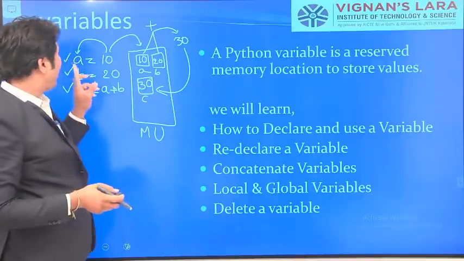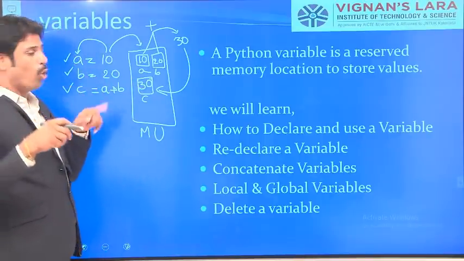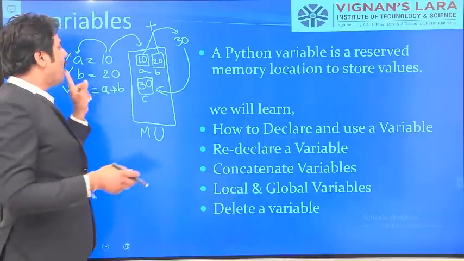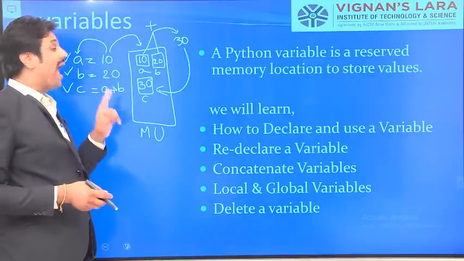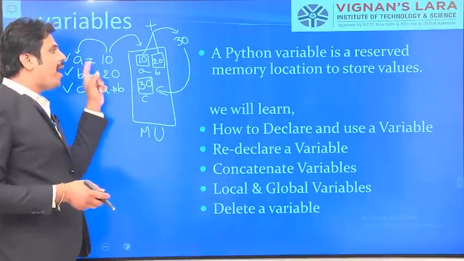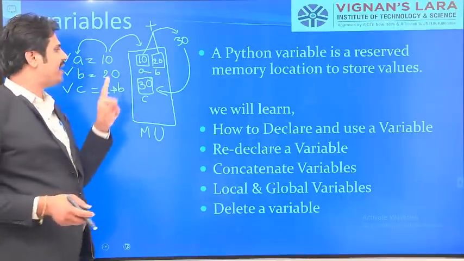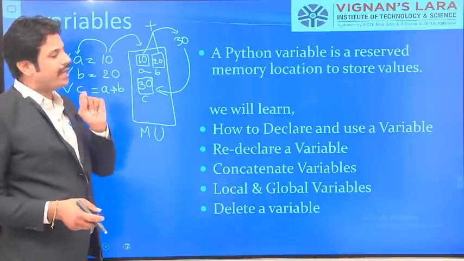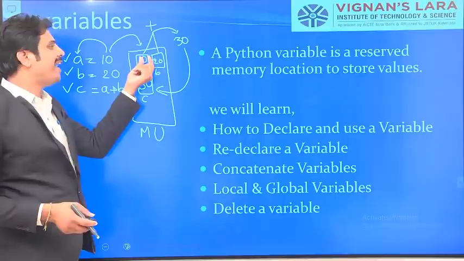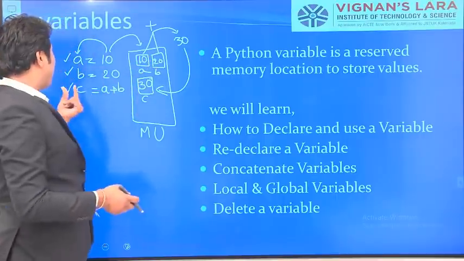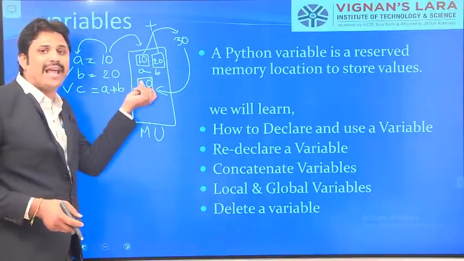So I said in my code A equals 10, B equals 20, C equals A plus B. For A memory is allocated which contains the value 10, and for B some memory is also allocated, containing 20. For C also memory is allocated.